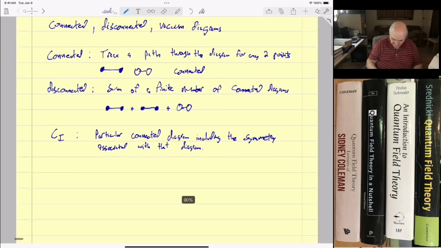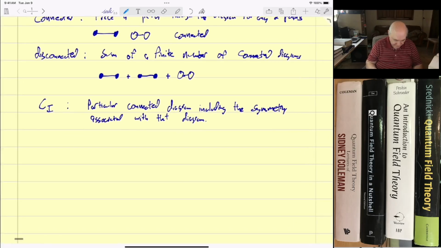So this is just indexed by I. There are, of course, an infinite number of connected diagrams, but we can label them by an integer I, going from the simplest to the most complicated.